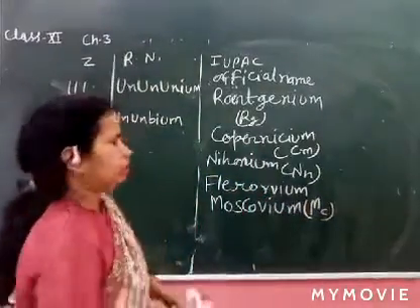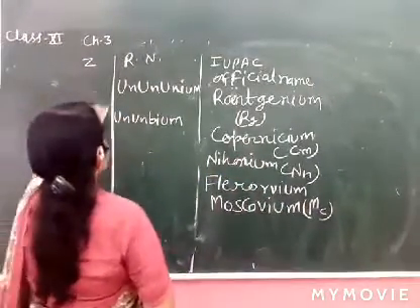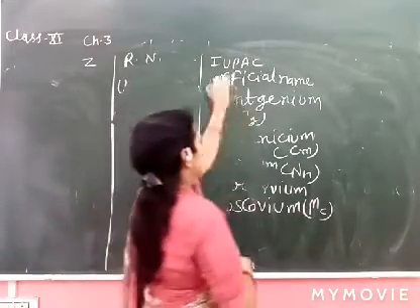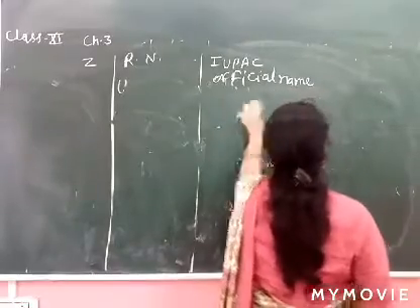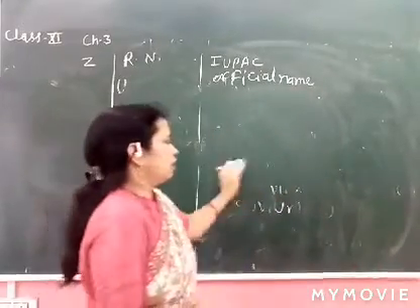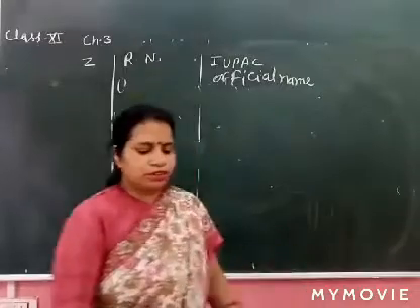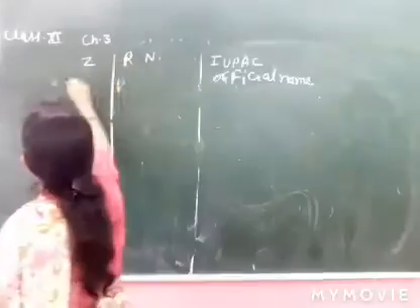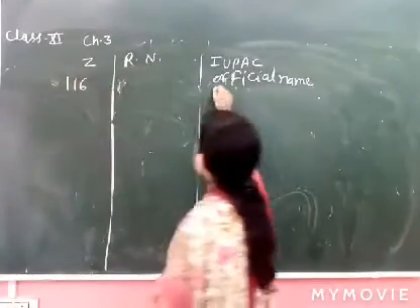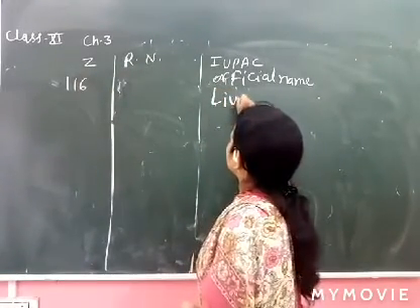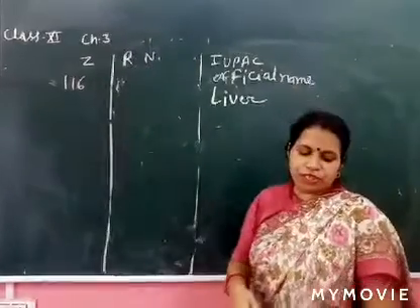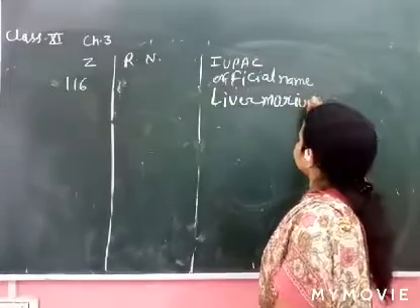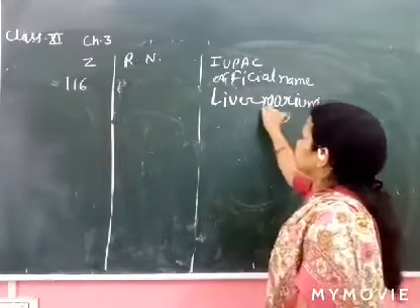Now write down 116, Ununhexium. Clear to you? Its name is Livermorium, and its symbol is Lv.